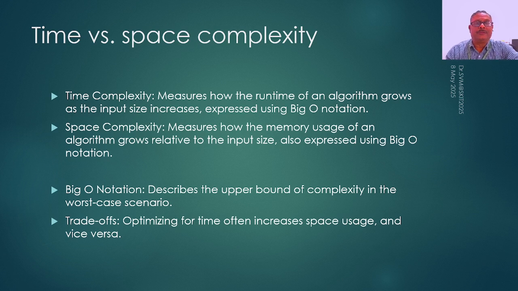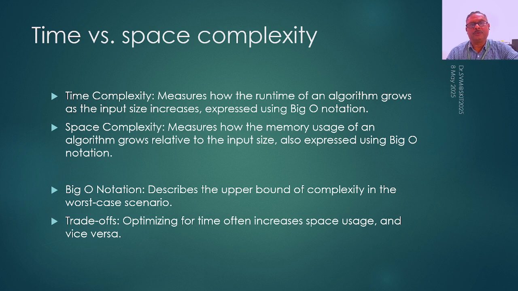The issue we have while building any algorithm is the trade-off between the time complexity and space complexity. So what usually we find is when we are building any algorithm, and if we try to reduce the time complexity, then the space requirement grows.